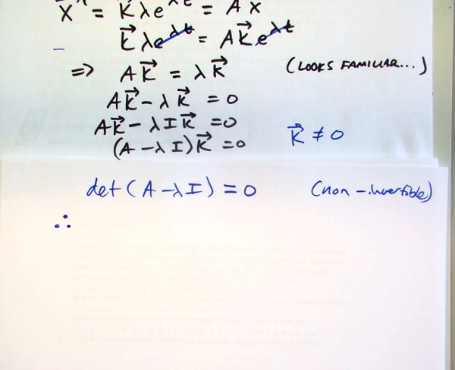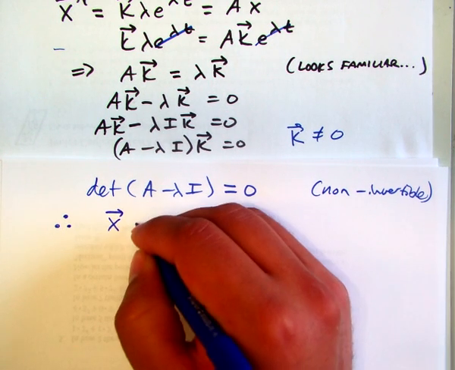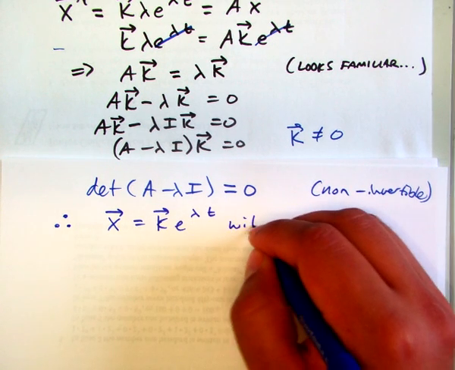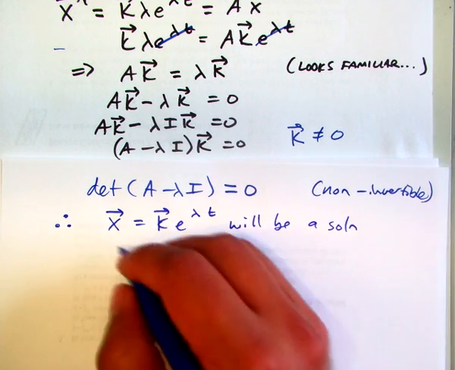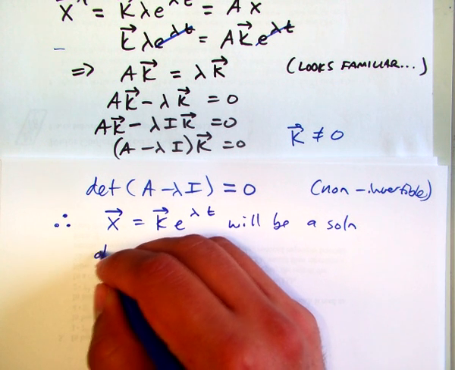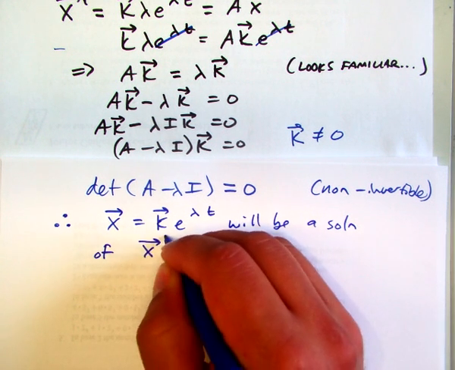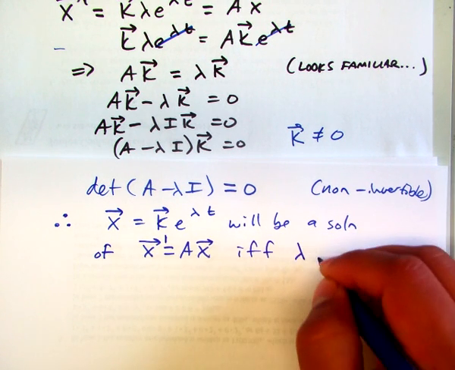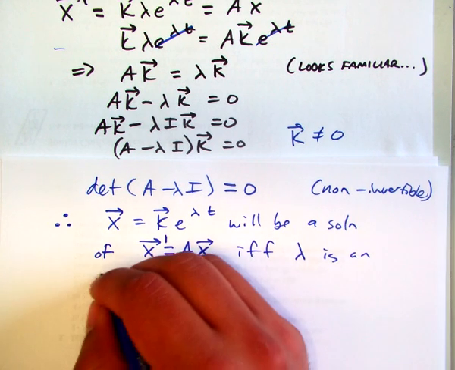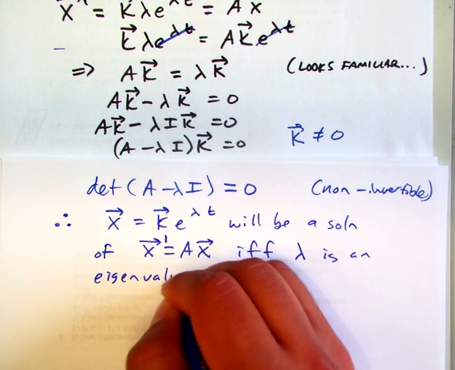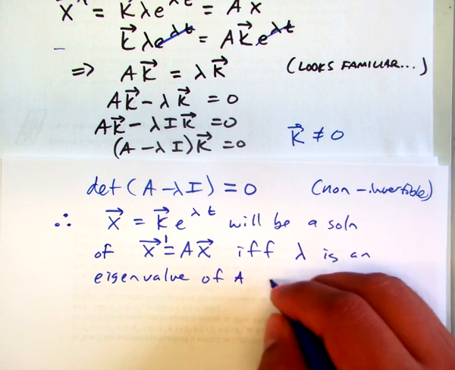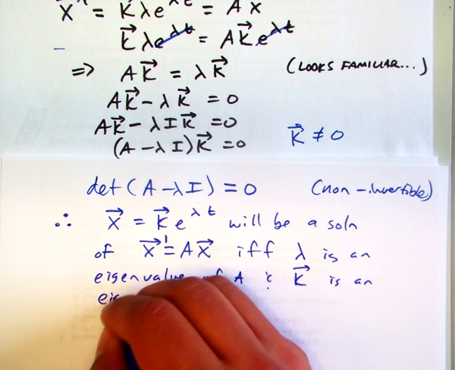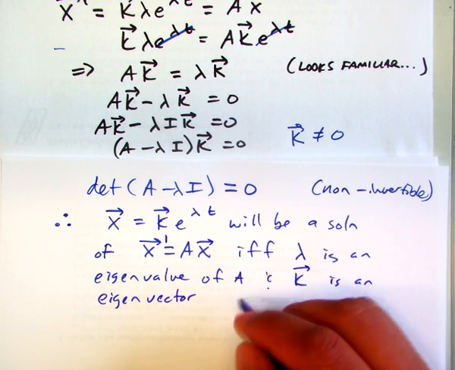We've basically shown that x = k e^(lambda t) will be a solution of x' = Ax if and only if lambda is an eigenvalue of A, and obviously k is an eigenvector corresponding to lambda.